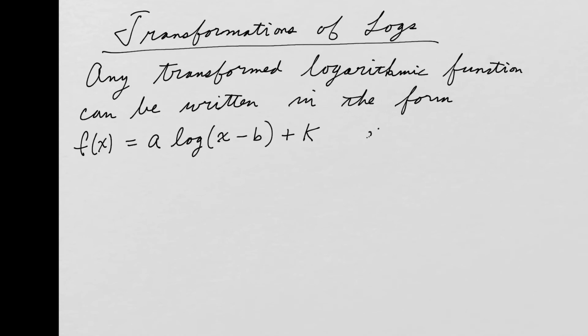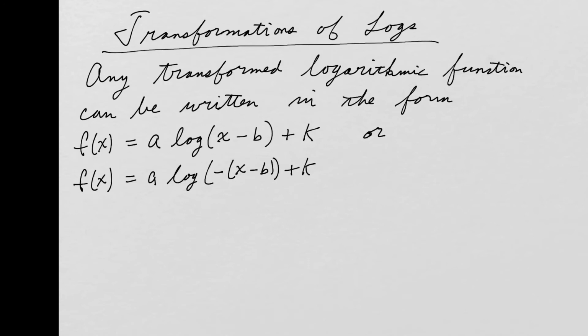Or, and here's where you have to be careful, you might have to write it this way, as a times log of negative what's inside, negative x minus b, plus k. When would you have to use that second form?